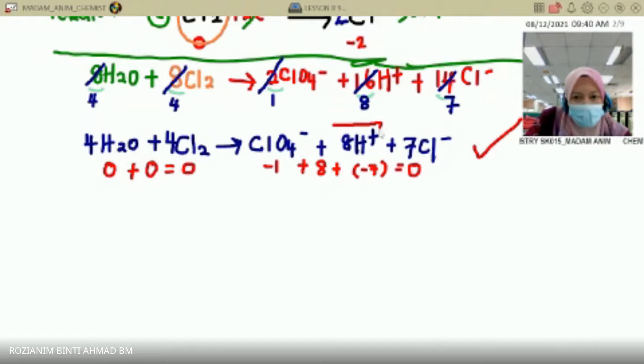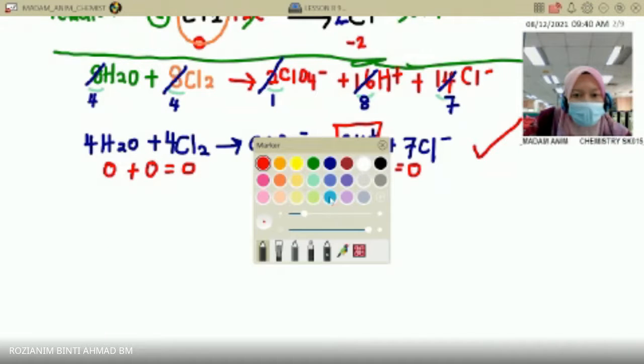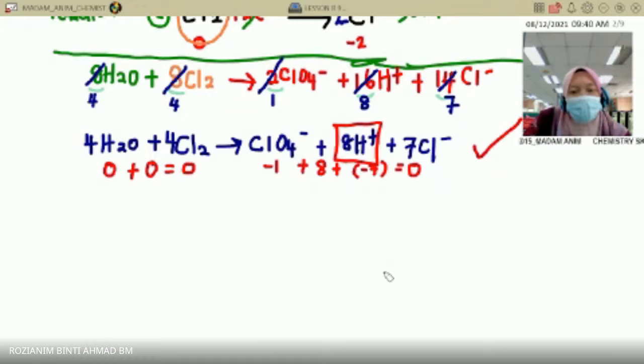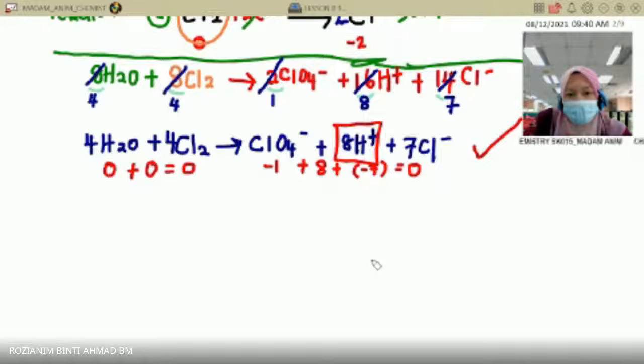But this equation according to the acidic medium. Tapi soalan tu nak basic medium. Syawin, tolong, Syawin nak buat apa pula lepas ni supaya kita boleh jumpa basic medium? We have to add the hydroxide ion ataupun ion hydroxida.